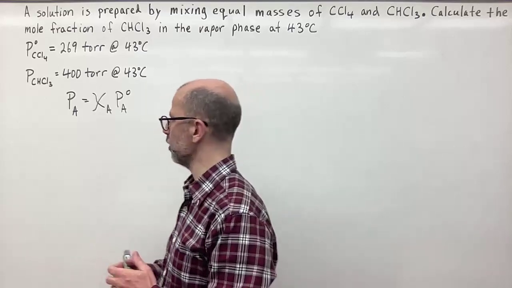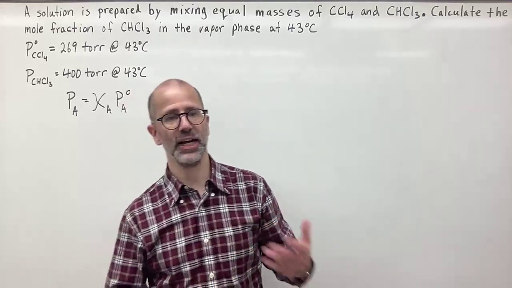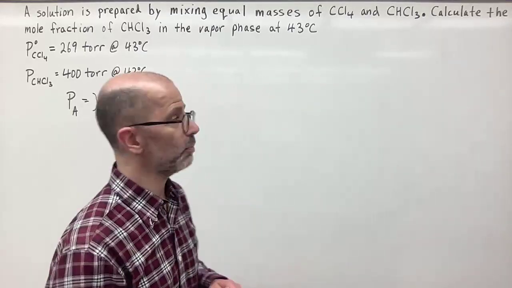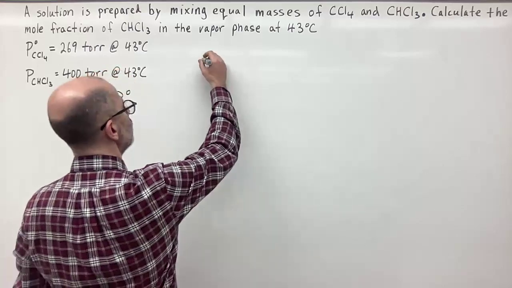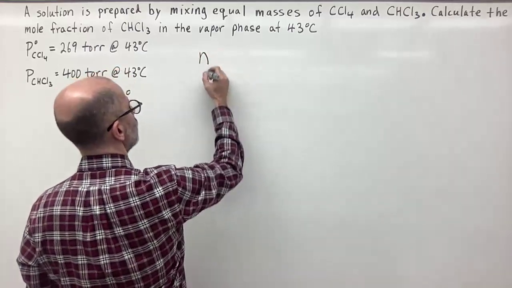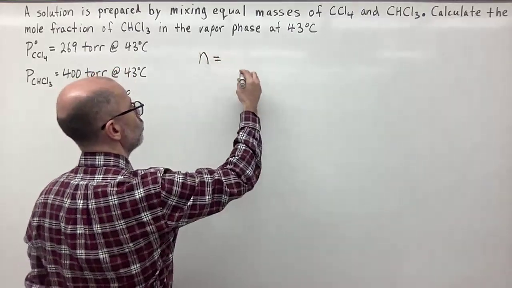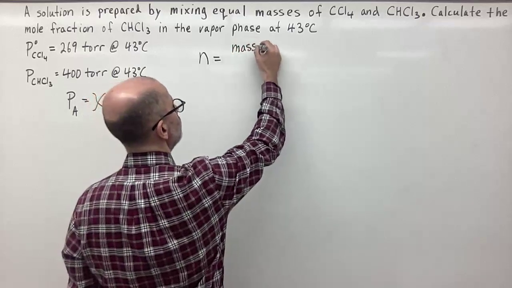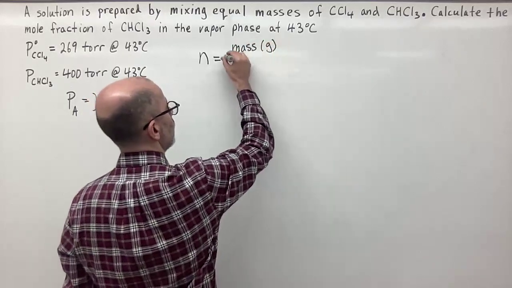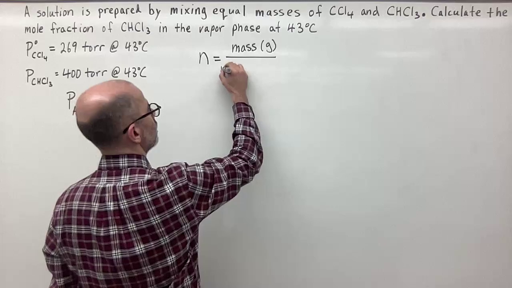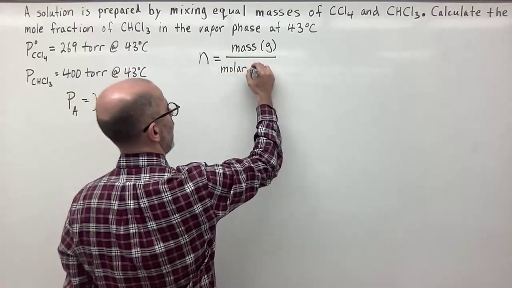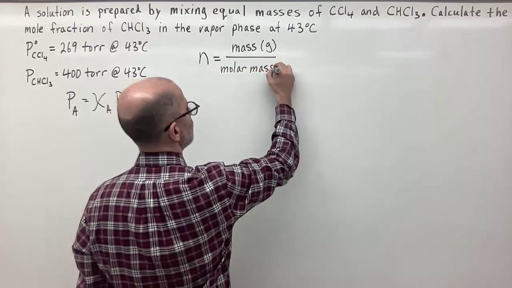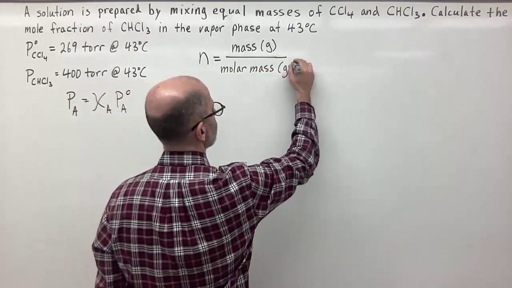So how do you do that when you're not given any masses and you're not given any moles? Well, let's remember that the number of moles is equal to the mass in grams divided by the molar mass in grams per mole.